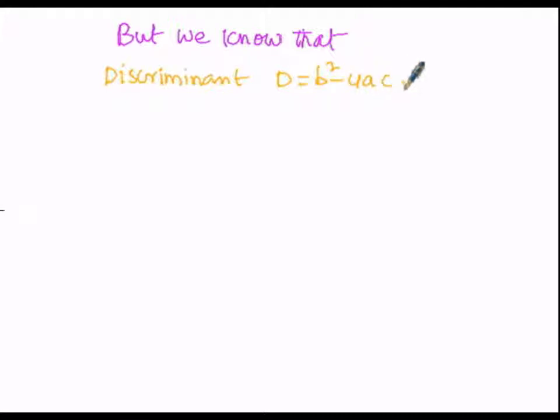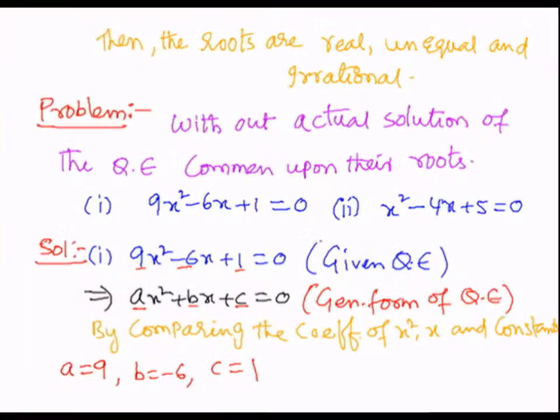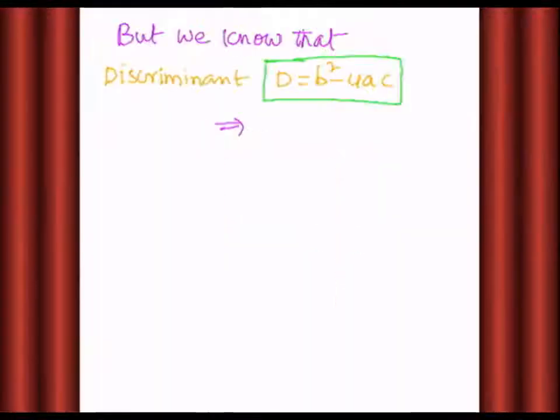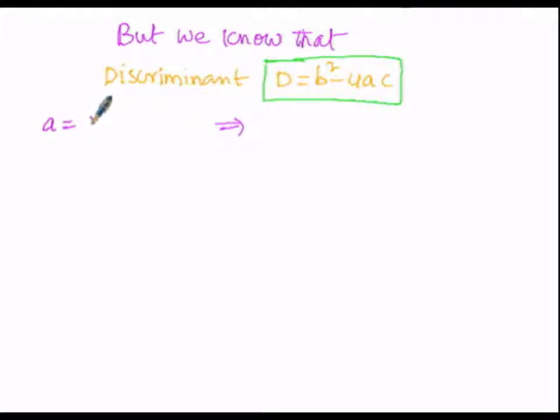So here we are going to find out the value of discriminant, that is b square minus 4ac. Here a value is 9, b is minus 6 and c is 1. So we have to substitute a equals to 9, b equals to minus 6 and c equals to 1 in the discriminant, that is b square minus 4ac.